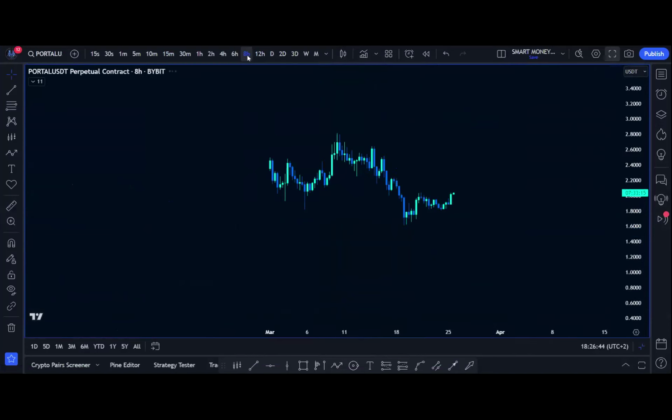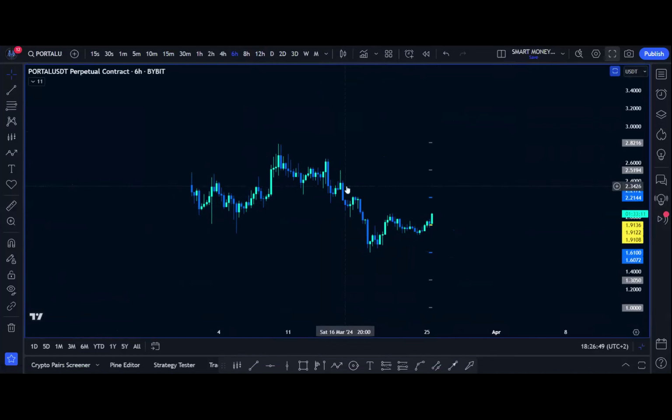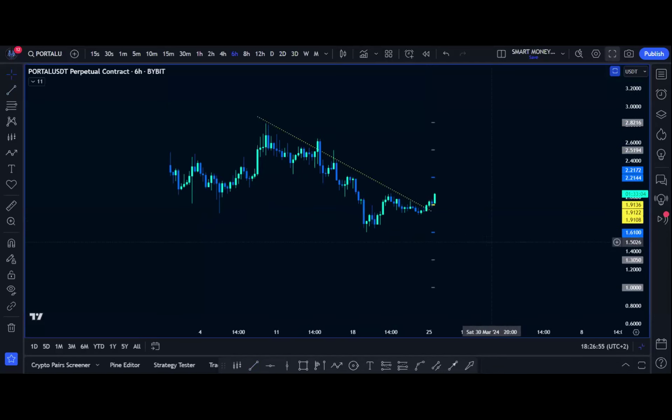Okay, so this is quite a new token. So this thing could actually, or I just don't have data, but you can see over here, if we mark, it's done like a big trend line break. There's not too much data for wicks, but I mean, we can see so far this is all we have if we look at the wicks.